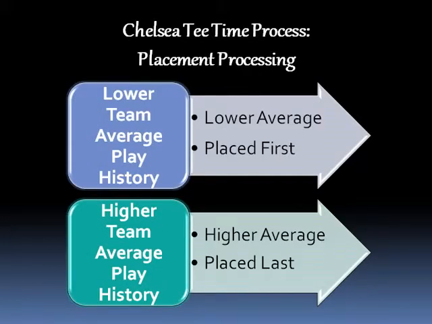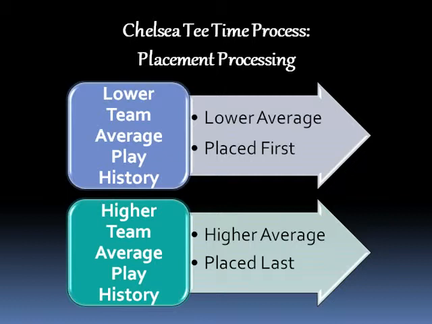Now, based on the average team play history, the system is then going to place or rank you as to where you're going to be given tee times. In this case, you'll see that a lower team average play history means that the system has not given you tee times as well as perhaps other people. So in other words, it's missed your tee time.